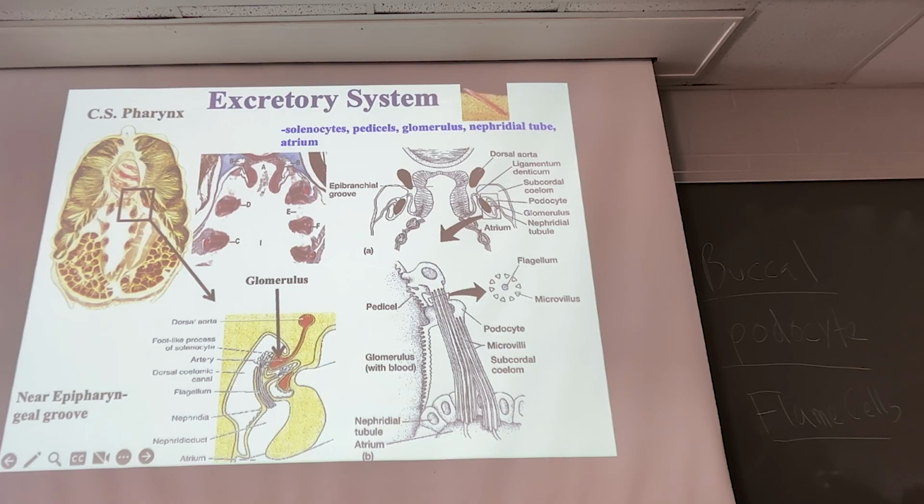They're beating, drawing water or fluid from the blood between the pedicels into the nephridial tubule, which then drains into the atrium. So you've got all of the pieces of the puzzle organized to produce an extra motor, if you will, a flagellar motor that drives filtration of the blood.